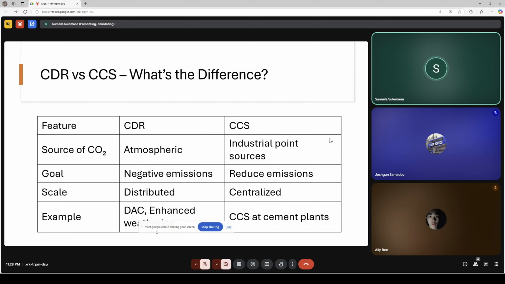An example of CCS is at cement plants, as I just showed in the previous slide. These are not an exhaustive list, but some of the key differences between CDR and CCS.